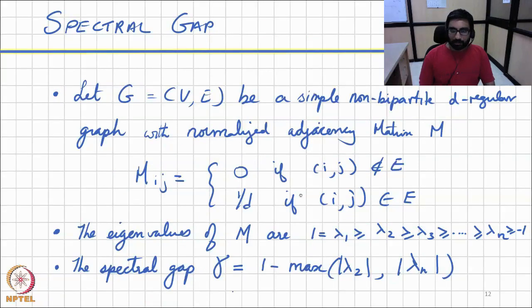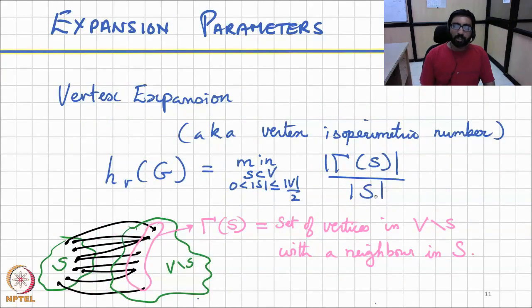And here, we're going to consider the ratio of the size of the neighborhood of S over the cardinality of S. So here, this gamma of S is the set of vertices in V minus S with a neighbor in S. So going back to this picture, if you consider the set S over here and V minus S over here, previously we counted the number of edges leaving S, but now we're not counting the number of edges, but rather the number of neighboring vertices of this set S.